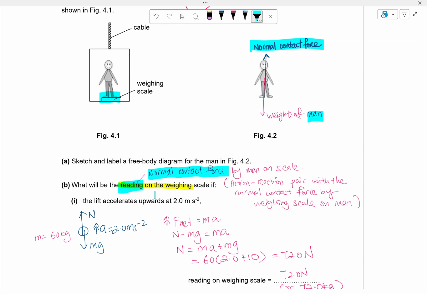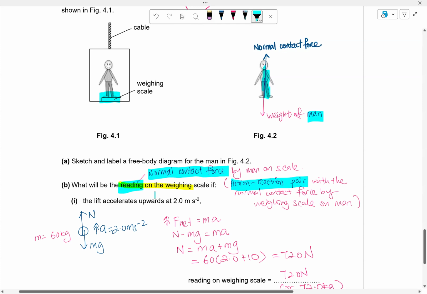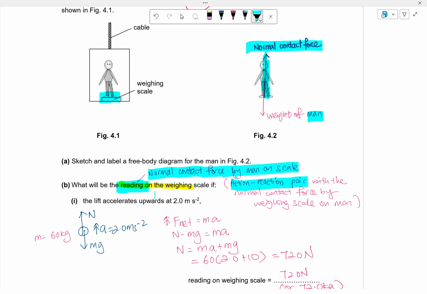And the normal contact force will be the action-reaction pair with the normal contact force by the weighing scale on the man. I repeat, the reading on the weighing scale is the normal contact force by the man on the scale, which is an action-reaction pair with the normal contact force by the scale on the man over here. So if you can find this force, you will know the reading.